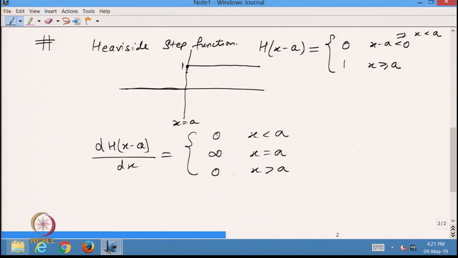With the help of this value, we define a function, and that is called the Dirac delta function.